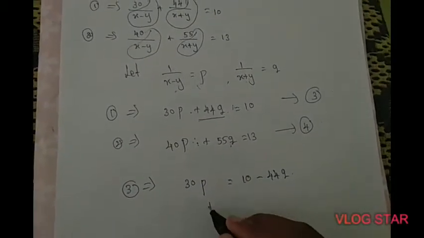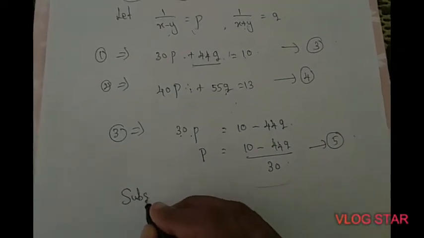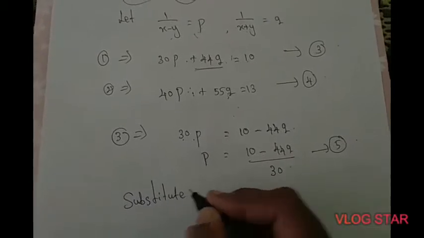Okay. Now we need p only. So p equal to, this 30 is under multiplication. So we will get 10 minus 44q divided by 30. Okay. You take this as equation 5. The next we have to substitute the p value in any equation. Okay. Then now I take fourth equation, substitute p equal to 10 minus 44q divided by 30.